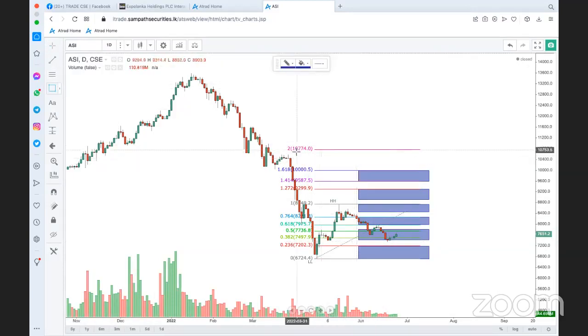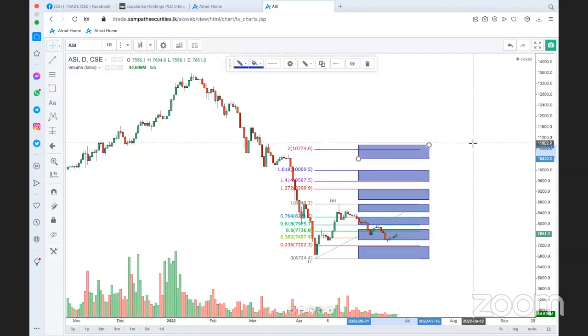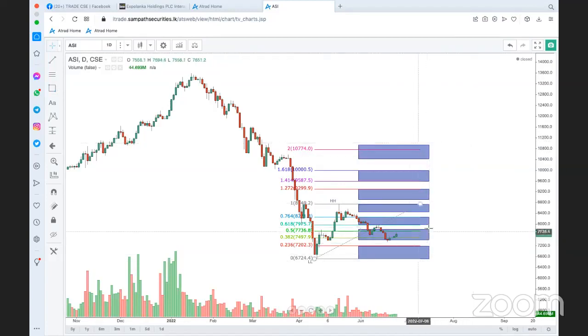I'll be using this area and draw the line not only up to this level, I'll be taking it up to here or even here. So I'm using the Fibonacci lines and the price swing highs and swing lows for my analysis. And then I put the numbers here.